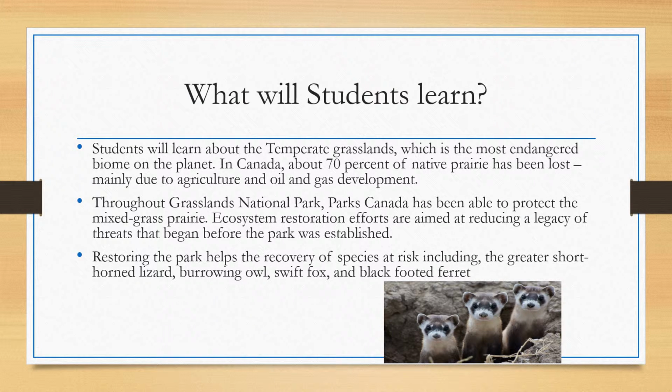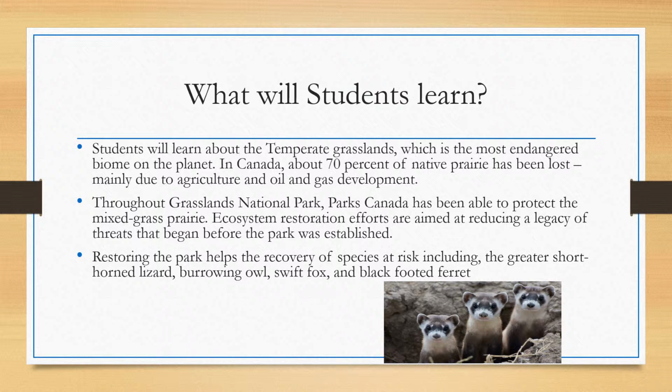So, what will students be learning in this field trip? Students will learn about the temperate grasslands, which is the most endangered biome in Canada. About 70% of the native prairie has been lost, mainly due to agricultural and gas development. Throughout Grasslands National Park, Parks Canada has been able to protect the mixed grass prairie.